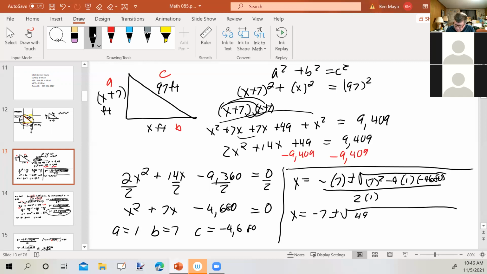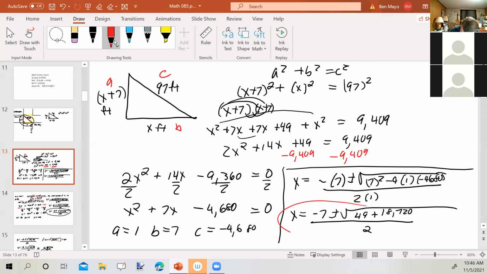Then we've got minus 4 times 1, which is negative 4, times negative 4680, which is a positive 18,720, divided by 2. Okay, and I'm going to need to get some more room here.